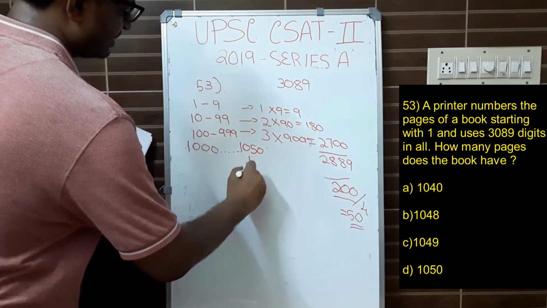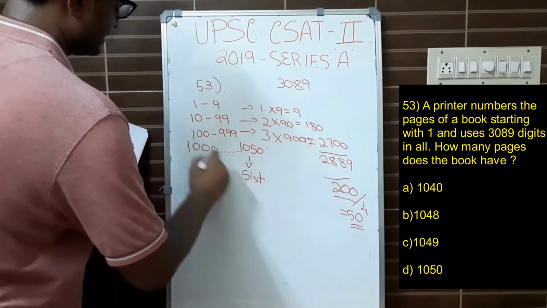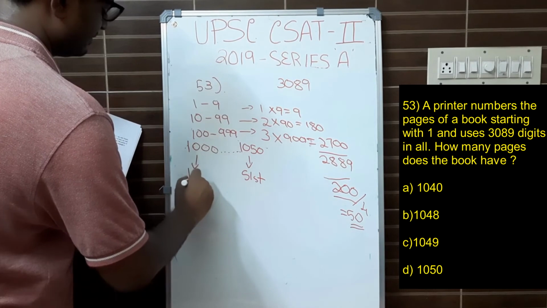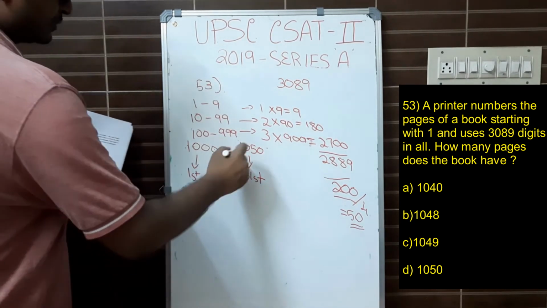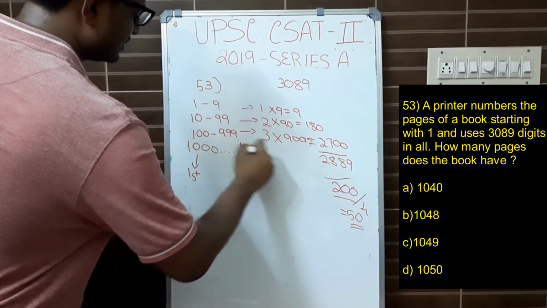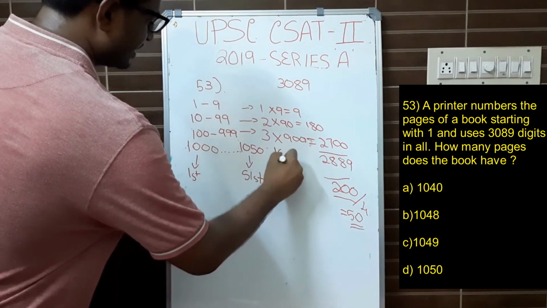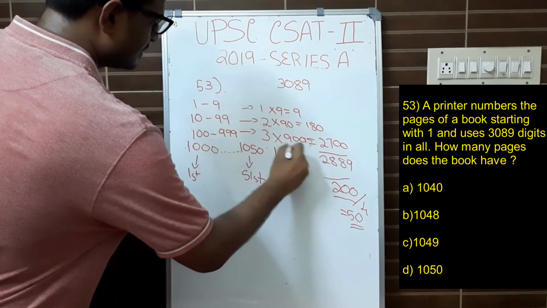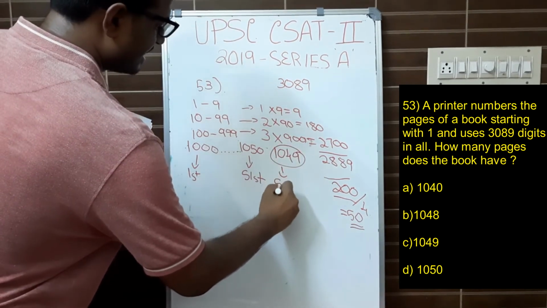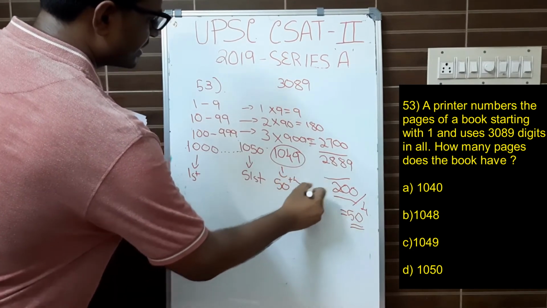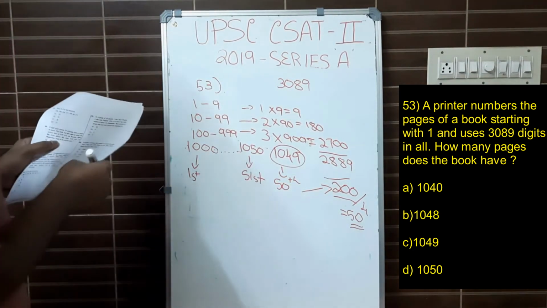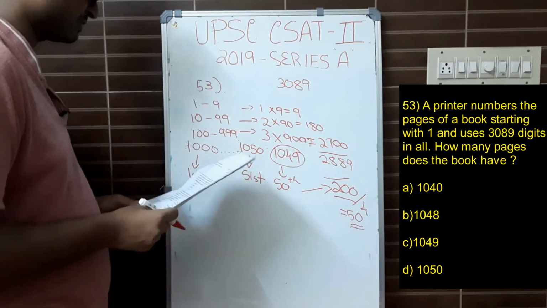Because 1050 will be the 51st page and 1000 will be the first page. So the 50th page will actually be 1049. This is the 50th page to be printed, and thus we consume all the 200 digits. So the answer should be option C, 1049.